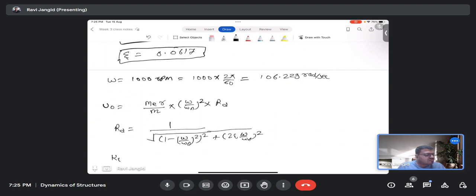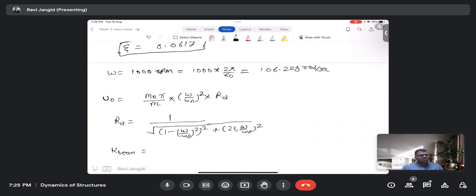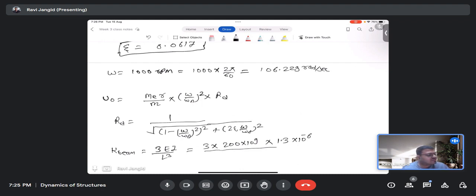So k for the beam, what will be the k? 3EI by L cube. Find out 3 into E, given as 200 into 10 raised to power 9, I is given as 1.3 into 10 raised to power minus 6, not 6, and L is given as 1.2 meter. So what will be your K?